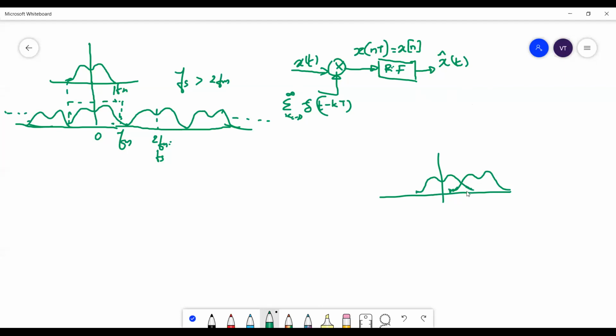Now, if it's a real signal, this also corresponds to this frequency. Which means a high frequency signal is now being aliased as a low frequency signal. So what we can hope to get back is only the portion that is not overlapped. This is the only portion that we can get back from this signal. We cannot get back this because it has overlap with the succeeding case.